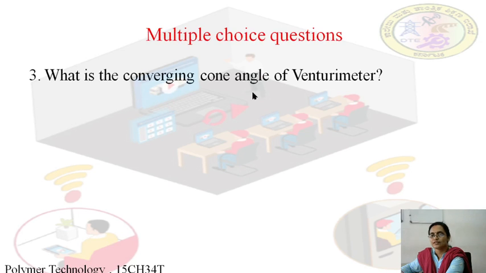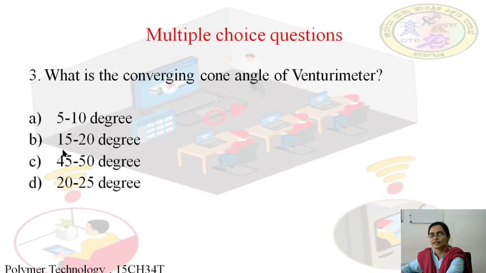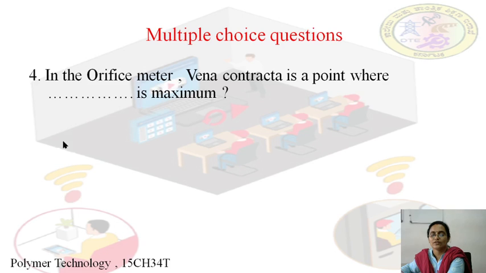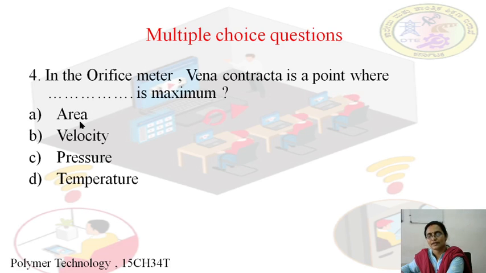What is the converging cone angle of a venturi meter? 5 to 10 degree, 15 to 20 degree, 45 to 50 degree, 20 to 25 degree. It is 15 to 20 degree. In the orifice meter, the vena contracta is a point where dash is maximum: area, velocity, pressure, temperature.